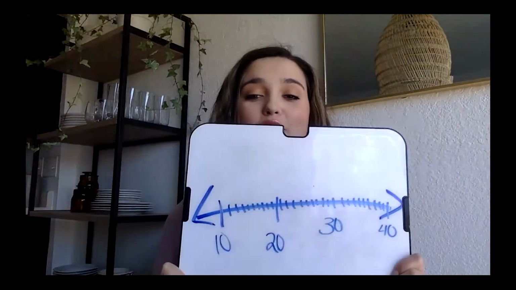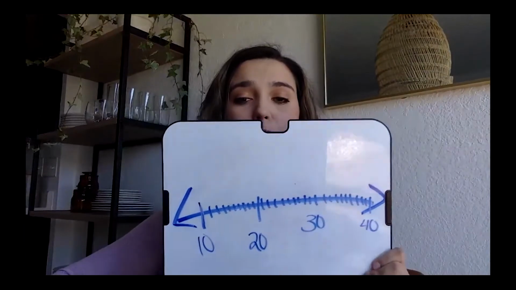So I'm going to start 10, 20, 30, 40. All right, and of course, if I had a bigger whiteboard, I would be able to write way more numbers than this, but unfortunately, this is the only size whiteboard I have.